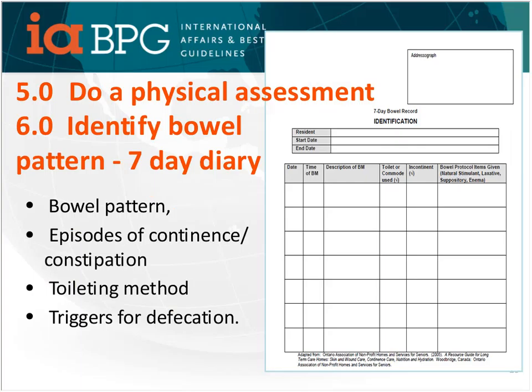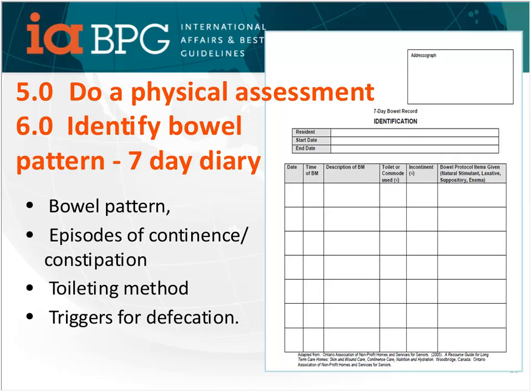The next recommendation is identifying the bowel pattern, and to do this, there's a 7-day bowel diary. This is one from the best practice guideline, and most long-term care homes have this built into their initial admission assessment.